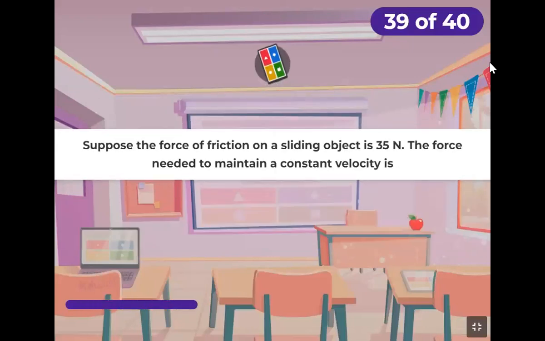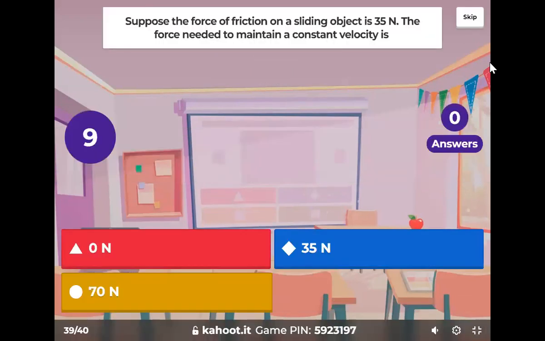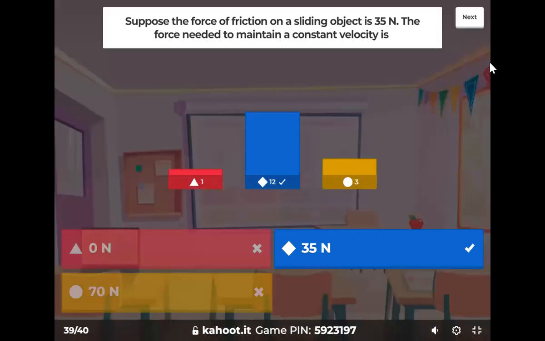Suppose the friction force of a sliding object is 35 newtons. What's the force required to maintain a constant velocity? Yeah, also 35 newtons.